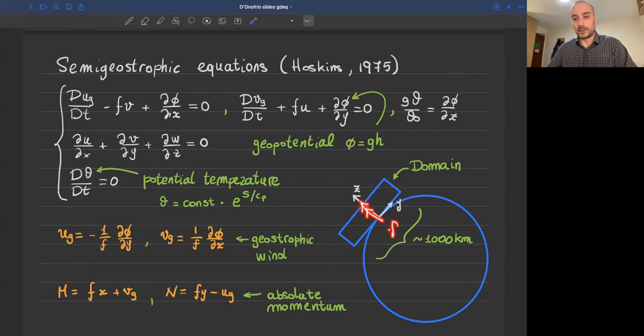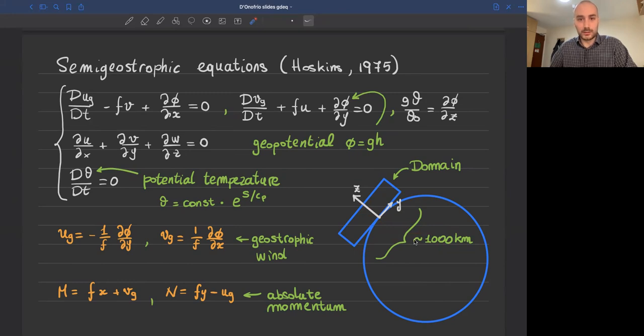This F is considered constant. Strictly speaking, it's not, but we consider it constant on this range of 1,000 kilometers.